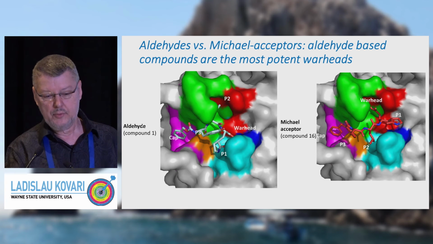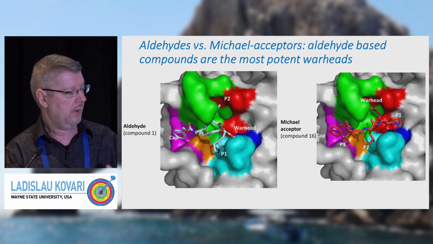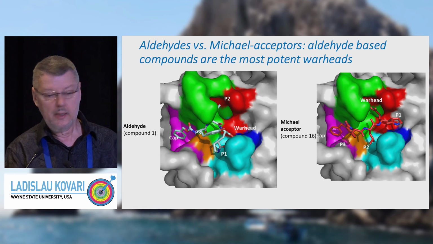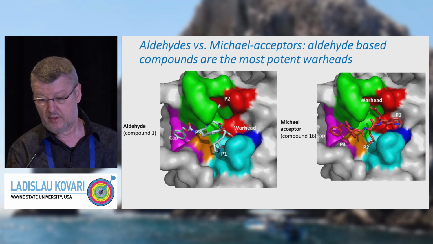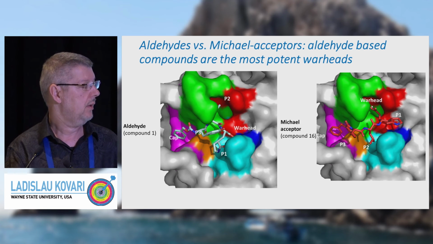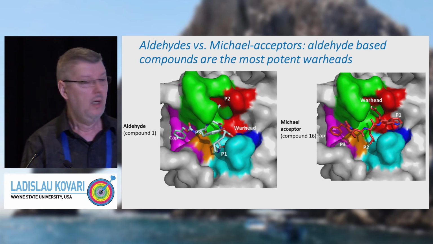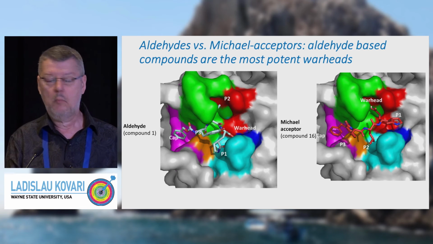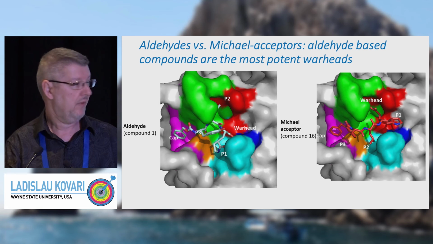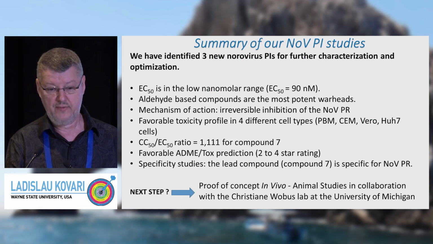And it turns out that aldehydes provide a perfect orientation and positioning of the inhibitor for reactivity for the cysteine. When we looked at this microreceptor, the warhead points in the wrong orientation. These are the modeling studies. Currently, we are working on crystal structure to validate these observations further.